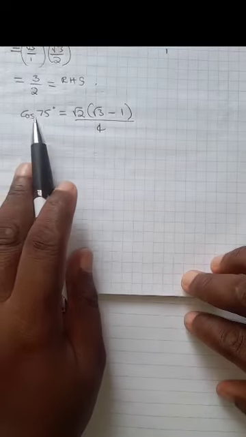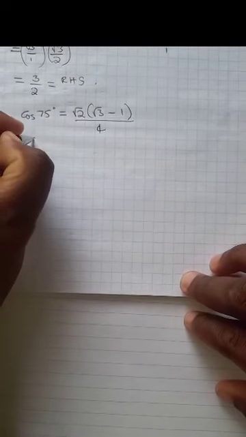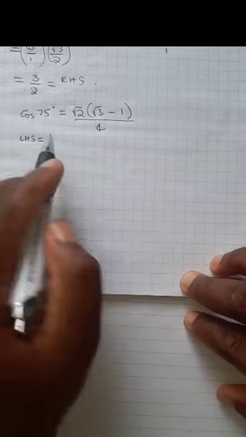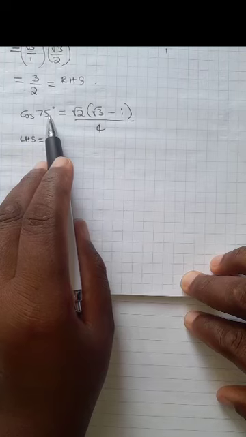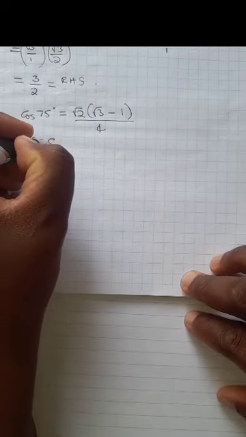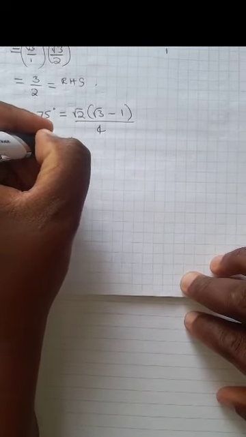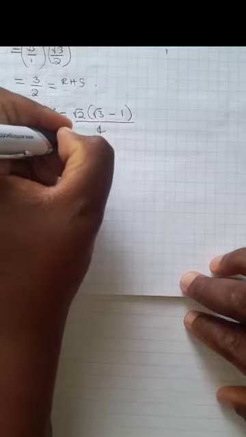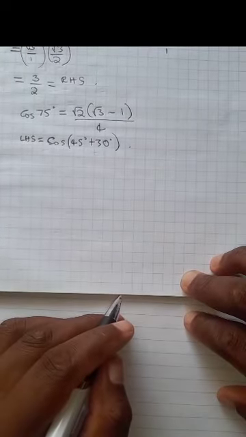In this case, the one that you can simplify is the left hand side. So my left hand side is equal to my cos 75. It's not a special angle, but we can create special angles out of this. So we can write it as cos 45 degrees plus 30 degrees, right?